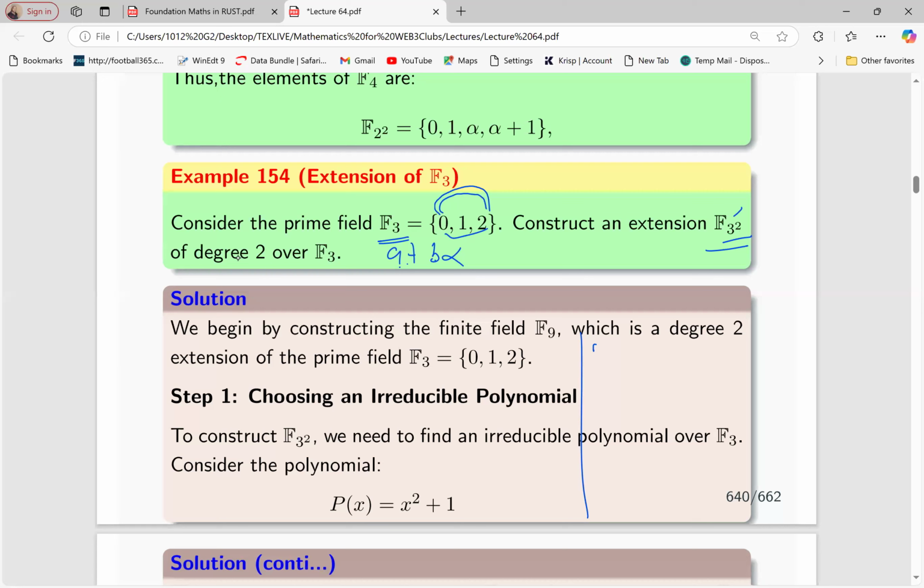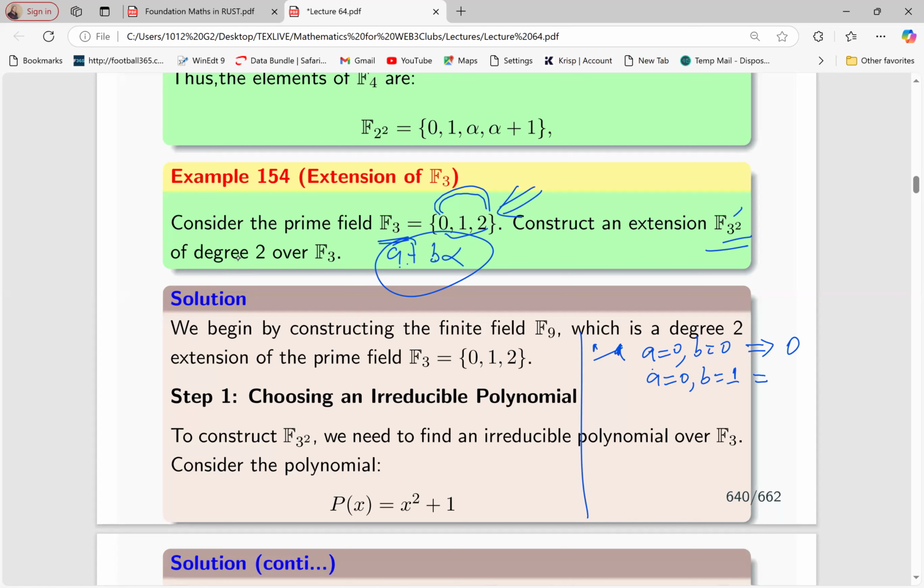The first possibility, let's consider when A is 0 and B is 0. When A is 0 and B is 0, we obtain the element 0. That's the first element we obtained. The other possibility, A could be 0 and B could be 1. We're just choosing elements from here and considering all possibilities.